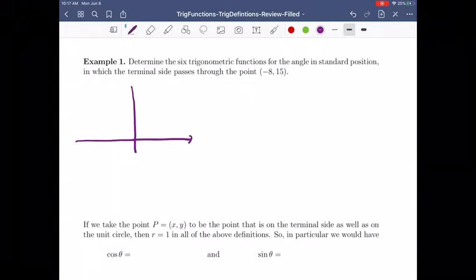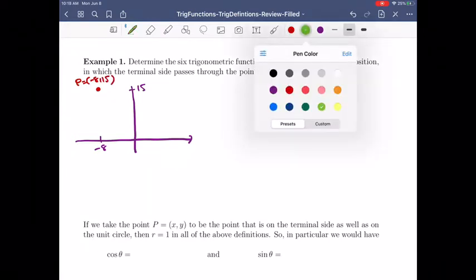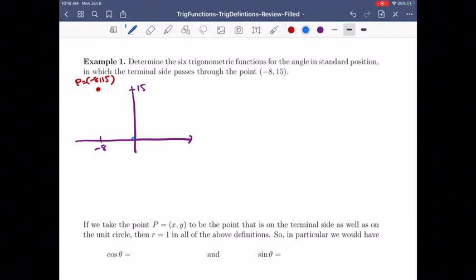The point is at -8 and 15, so that's where my P is. Now I can draw my angle. There's the initial side, in standard position, and the terminal side goes through this point. This is the angle we're talking about, the theta.